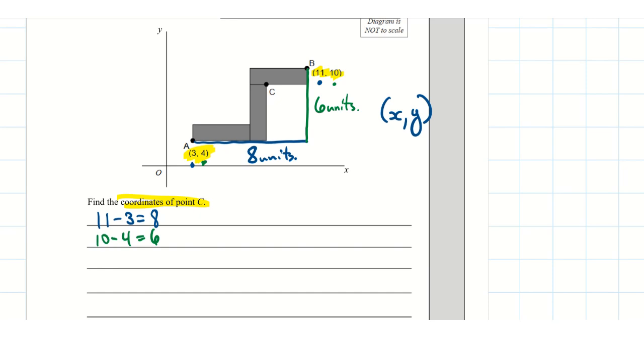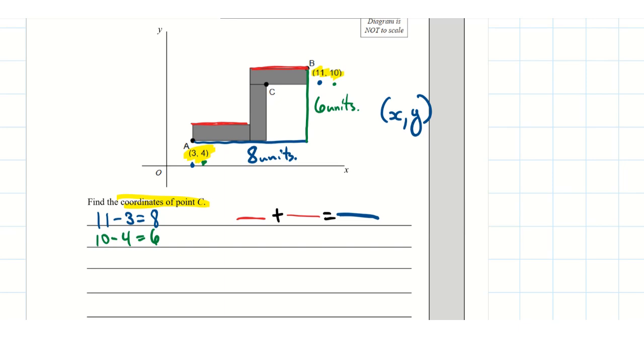I've got to figure out how far each of these are. We know all of these rectangles are exactly the same, so the distance from here to here is exactly the same as the distance from here to here. And the two red lines added together give me the value of this blue line.